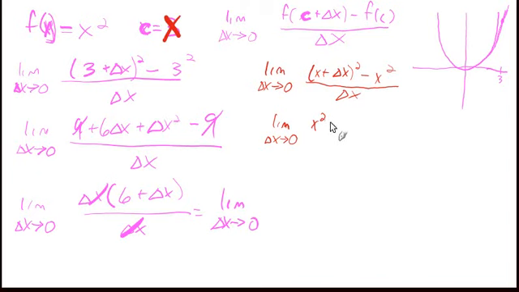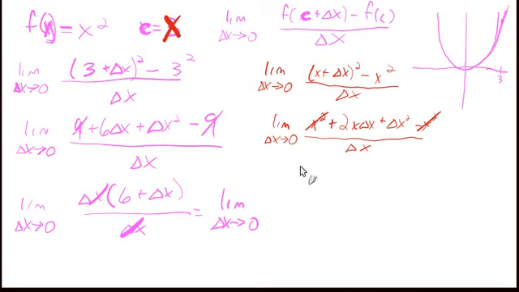And so I'm just going to do all of the numbers possible all at once. 2x delta x plus delta x squared minus x squared. In the same way that the 9's canceled over here, x squared is going to cancel with negative x squared.